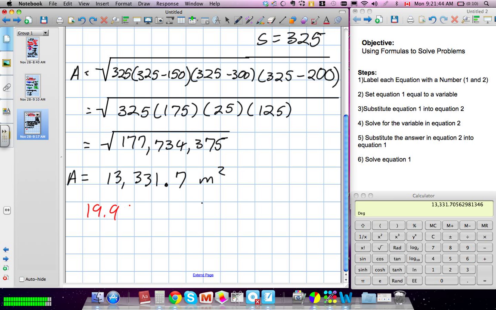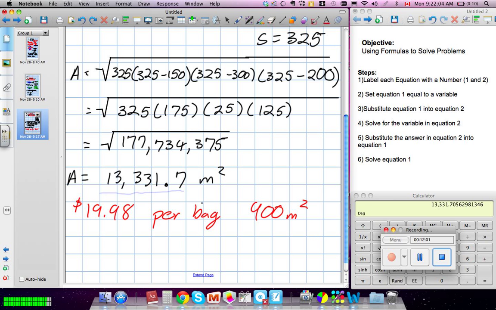Well, our lawn is 13,331.7 meters squared. So I need to figure out how many bags of fertilizer I'm going to use to cover this lawn. So what that means is I need to divide this, which is our area, by our 900 to find out how many bags we're going to need.